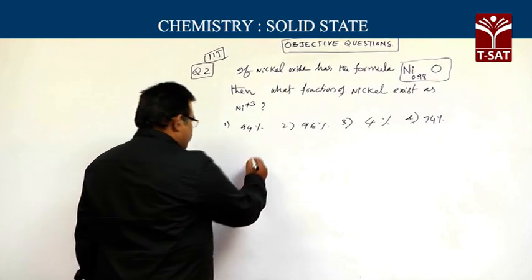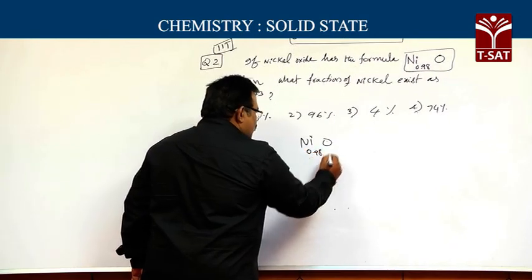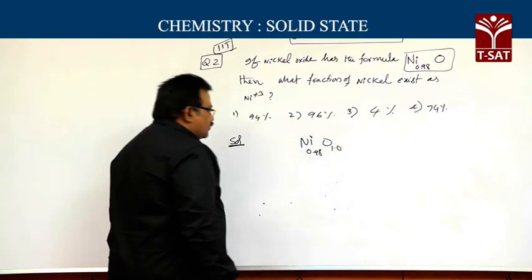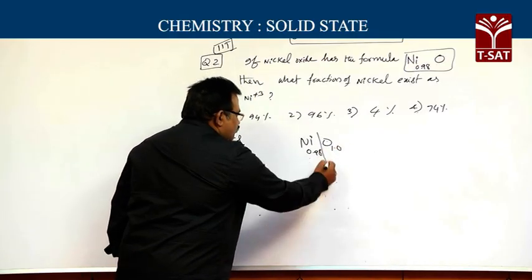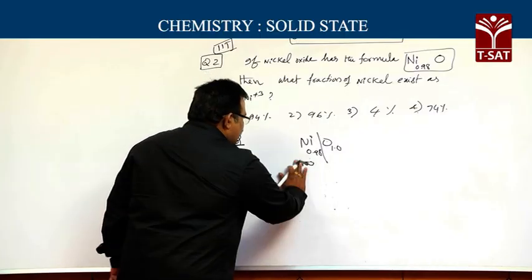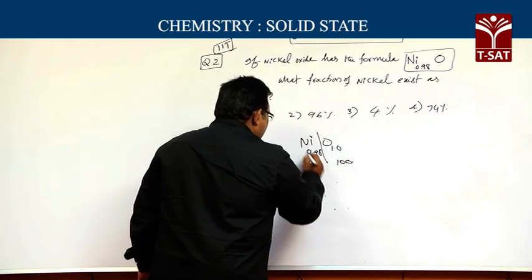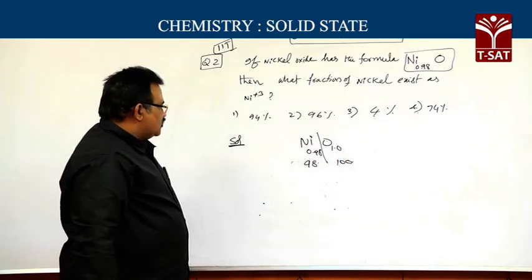Here, Ni atoms are 0.98, oxygen atom is 1. If we assume there are 100 oxygen atoms, then 98 will be nickel ions.